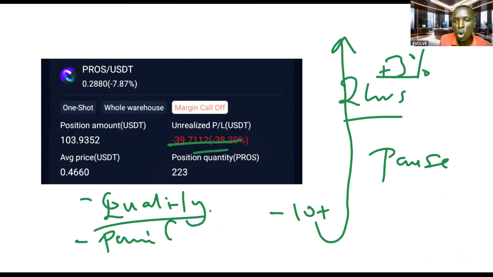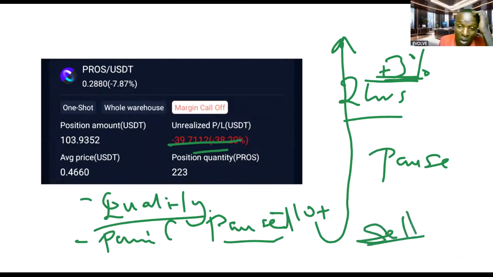It went beyond 3%. But the coin was paused. So when you pause the coin, you are telling Royalq that even if my take profit reaches, don't sell, I am in longer term. So Royalq didn't sell. It never sold.